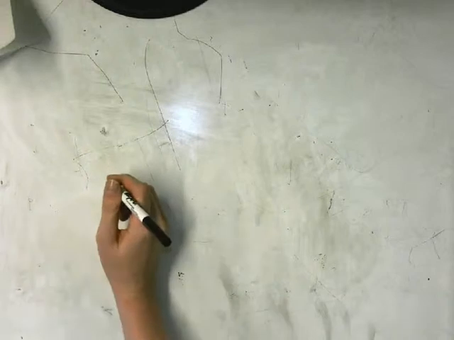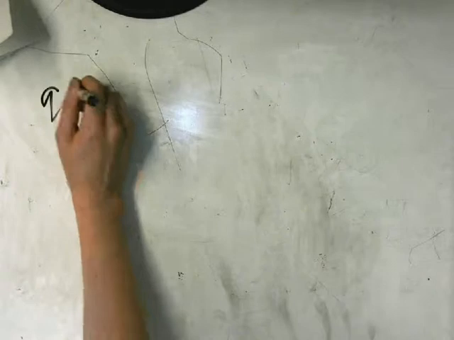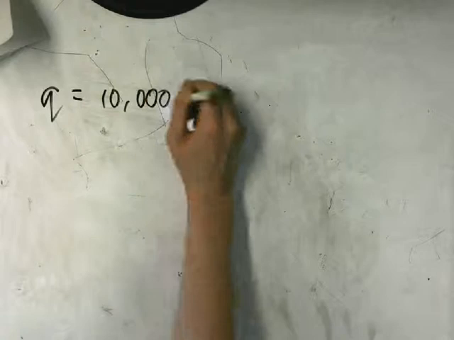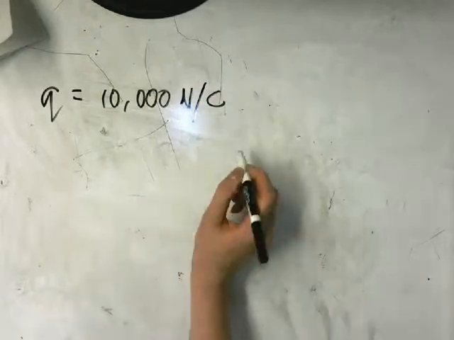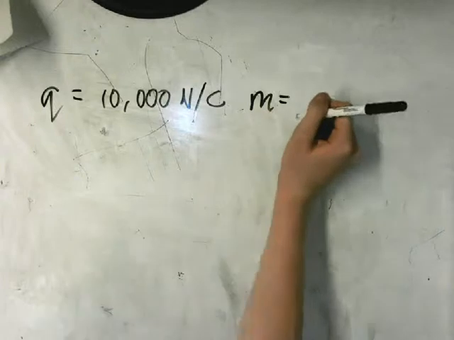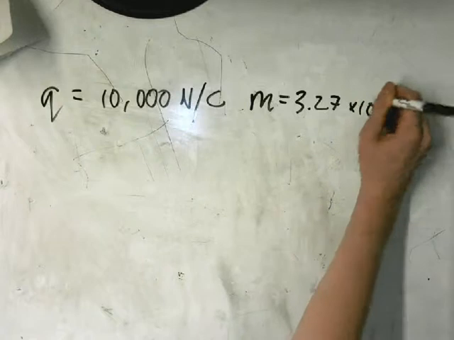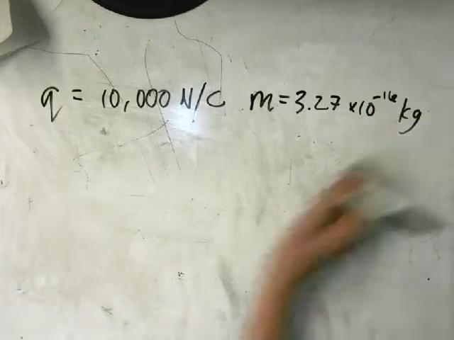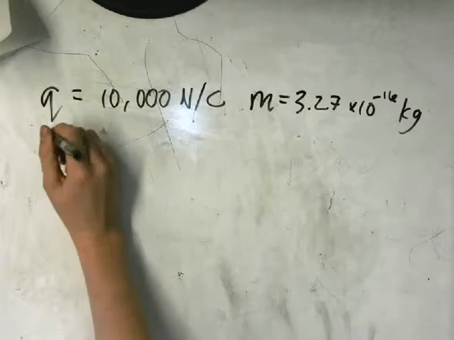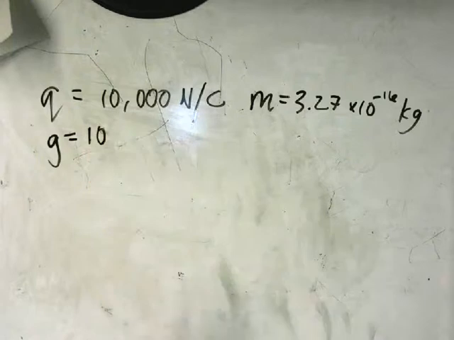Okay, so we know that the electric field, which is E, is equal to 10,000 N per C, and we know that the mass is equal to 3.27 times 10 to the negative 16th kilograms. And we also know that since it's on Earth, the acceleration due to gravity, or g, is about 10.